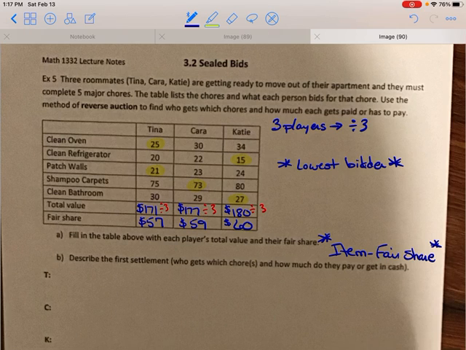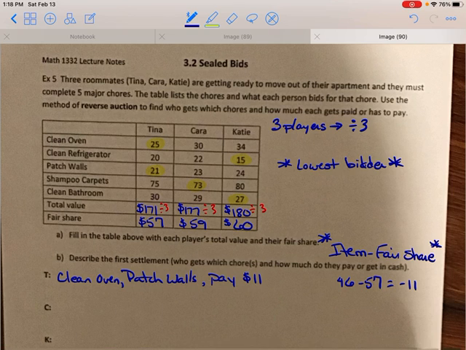So Tina is going to clean the oven and patch the walls. Her items are 25 and 21, so that's $46 worth of work she's doing, but she's obligated to do 57. She's going to be a little bit in the hole, negative 11, so she's going to pay $11.